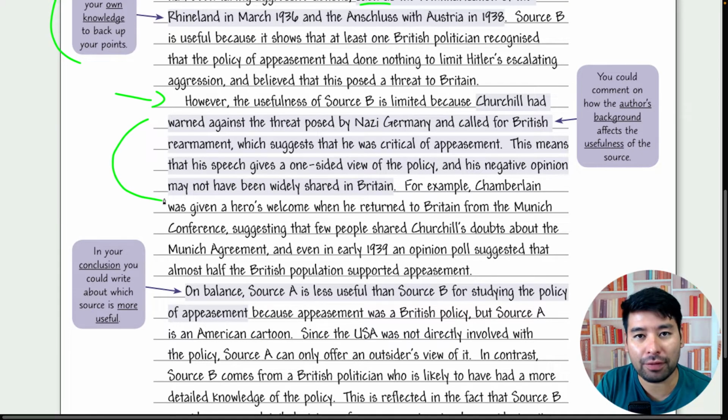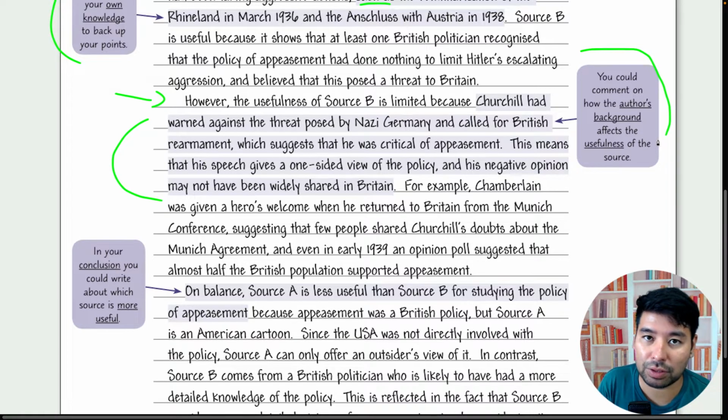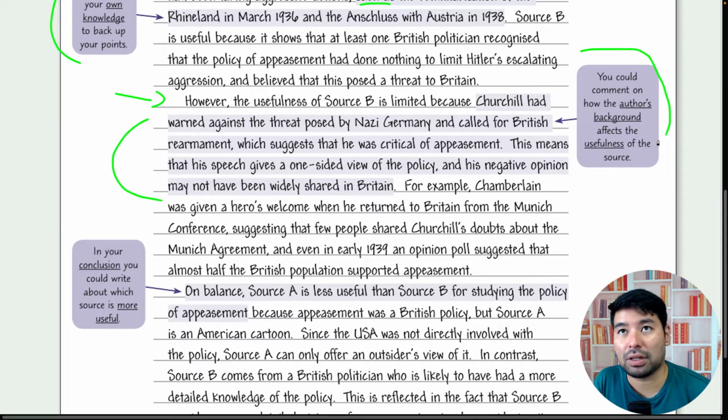There was more info, and we cannot see that info only in the source that we have read. That's why it says you could comment on how the author's background affects the usefulness of the source. Because it's only half of the information, it can affect for good or for bad, because if you give only half of the information, it's missing.